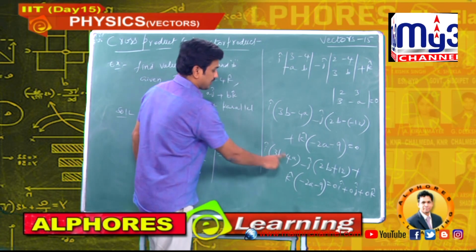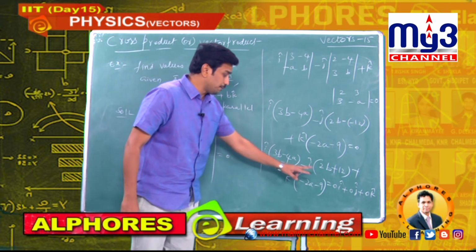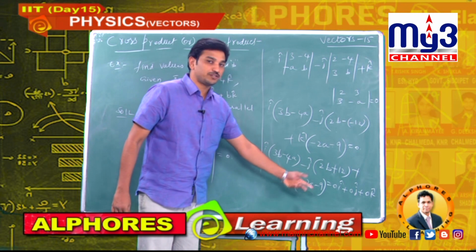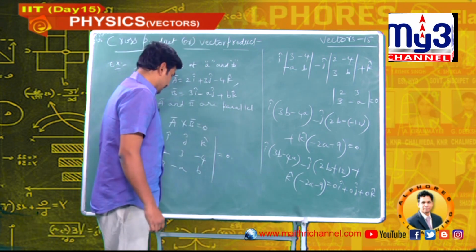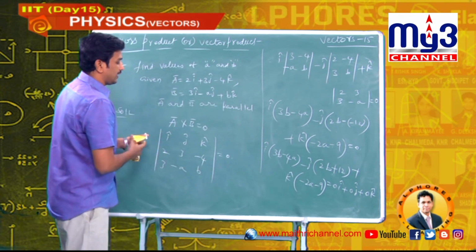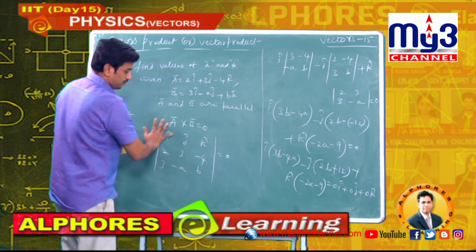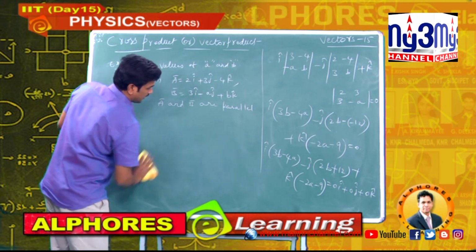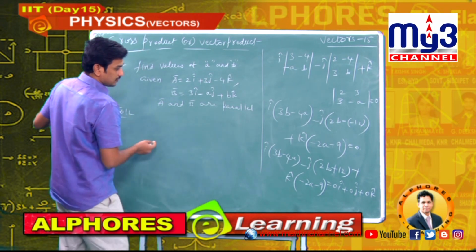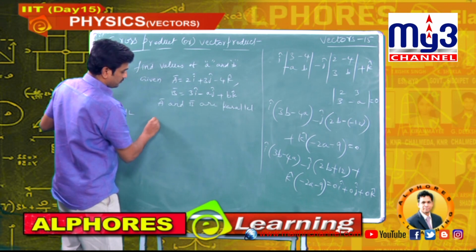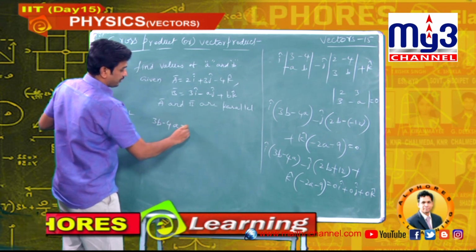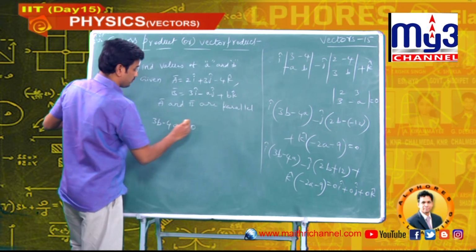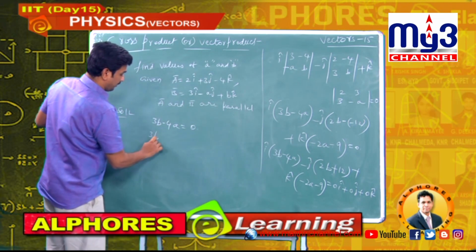See here, left side, right side: equate the i cap coefficients, the j cap coefficients, and the k cap coefficients. After equating, we can find the values of a and b. Shall I rub this part? Now I am going to rub this part. The i cap coefficient on the left is 3b minus 4a, and on the right it is 0, so 3b is equal to 4a.